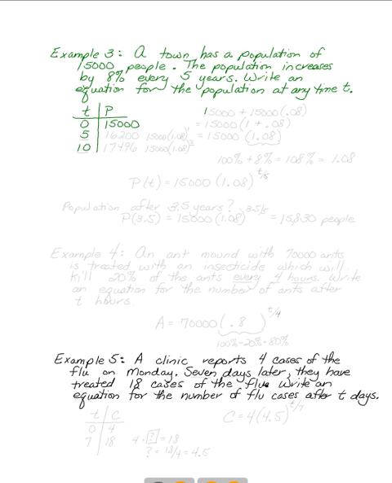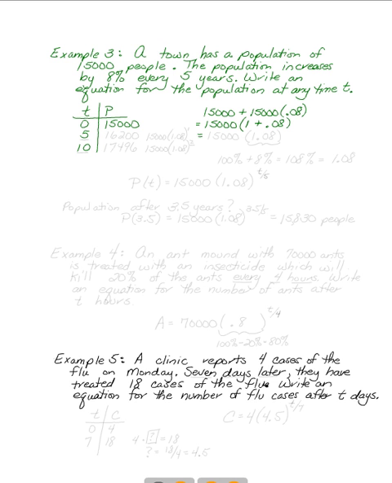If we look, what we're really doing is 15,000 people plus 15,000 people times 0.08. Now if we look at that and you factor out a 15,000, then what we have is 15,000 times 1 plus 15,000 times 0.08.